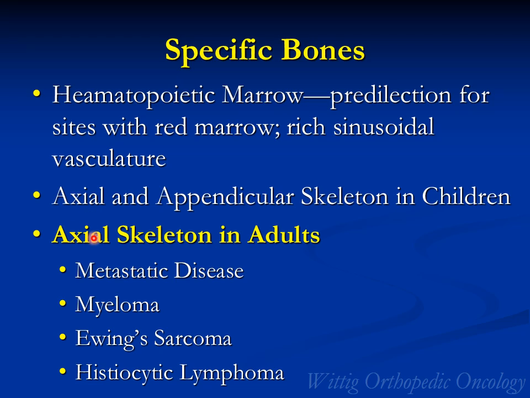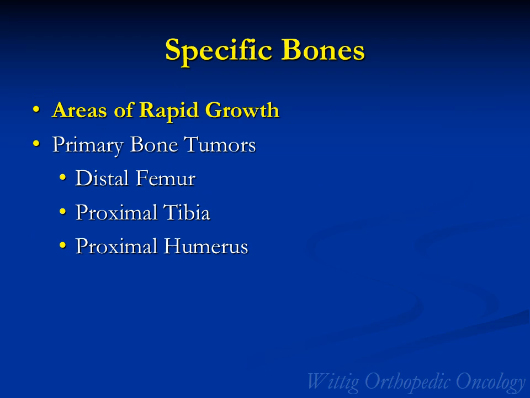The axial skeleton in the adult is a very common site for metastatic disease, myeloma, Ewing sarcoma, and histiocytic lymphoma. Areas of rapid growth are sites of origin for primary bone tumors, namely your distal femur, proximal tibia, and proximal humerus. Hence these are the most common locations for osteosarcoma and Ewing sarcoma.